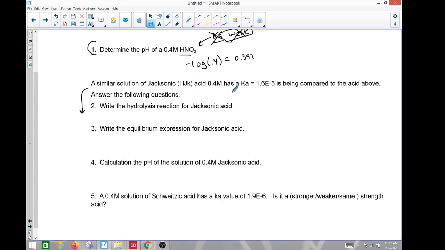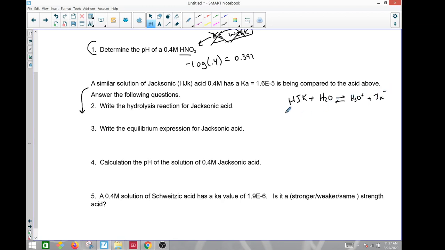So let's write out the hydrolysis reaction for jacksonic acid, named after a very famous science teacher, Mrs. Jackson. HJK plus H2O yields, and I'm going to put a backwards arrow here, H3O plus and JK minus.